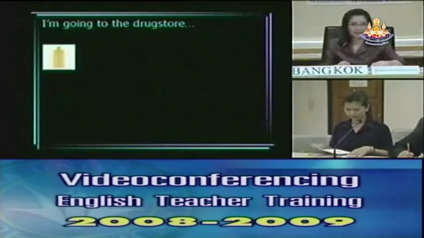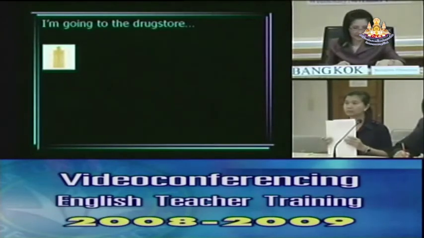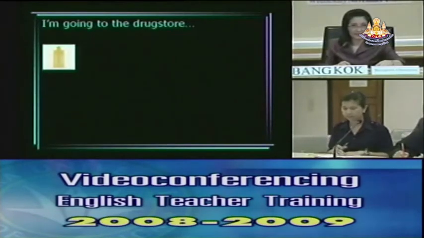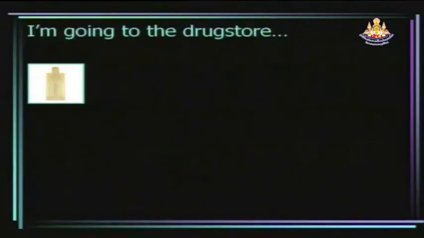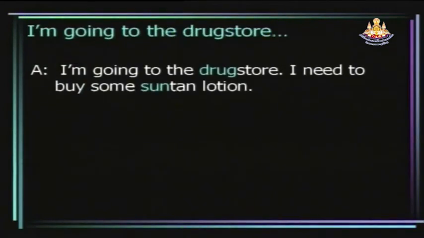Here's another game you can play with your students, very similar to I'm going on a trip. This one's called I'm going to the drugstore. So student number 1, or the teacher who begins, says, I'm going to the drugstore and I need to buy some suntan lotion. So we're using noun compounds, drugstore, suntan lotion. Student number 2 has to repeat what student number 1 said and add another thing they're buying.